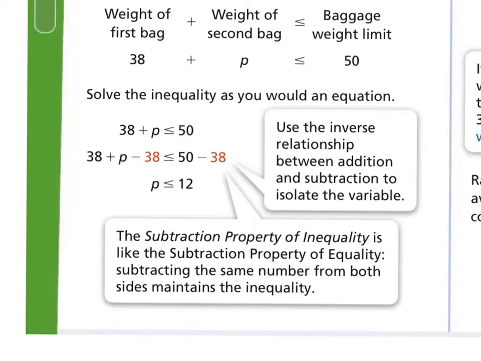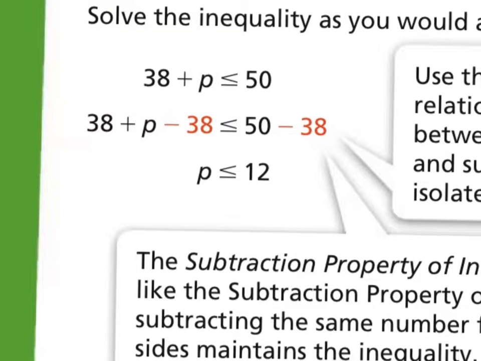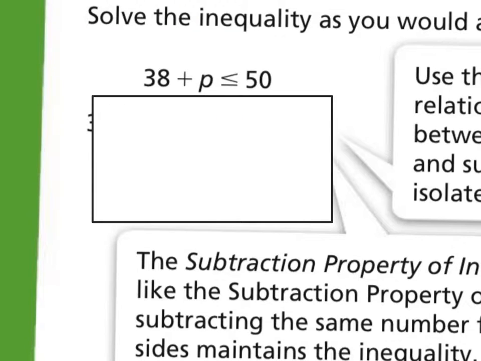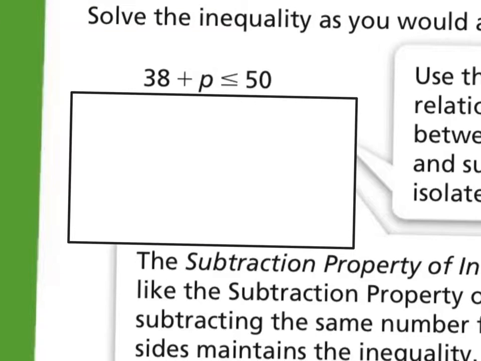And then to solve this, we've been doing this a little different than what the book's doing. So to solve this, what I would do is look on the side with the variable. You can see they're adding 38, or there's a positive 38 we need to get rid of.